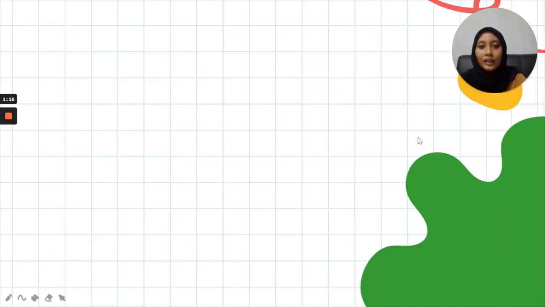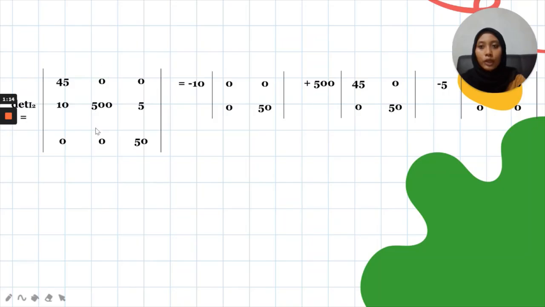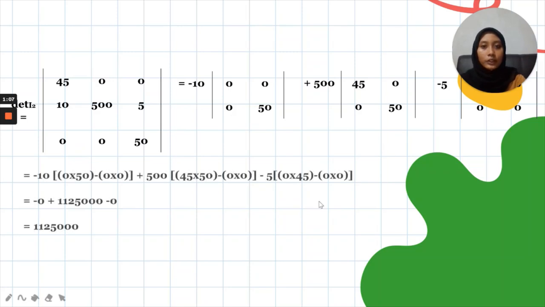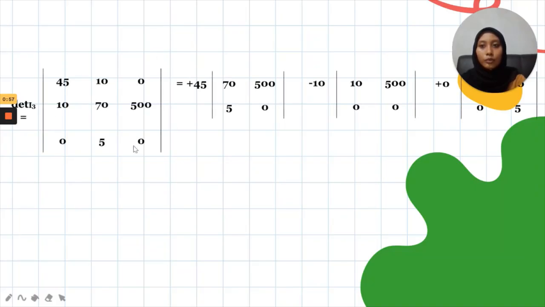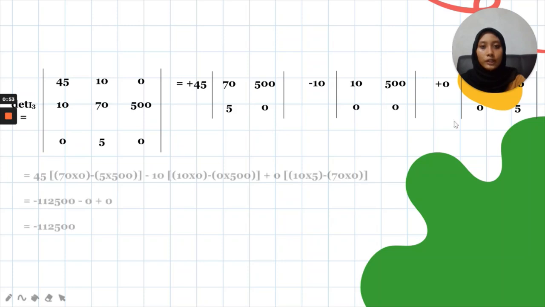Then we replace the second column with the x values and find the determinant, and this is the answer, 1125000. And lastly, for the third column, we put the x value in the third column and find the determinant, and we get negative 112,500.